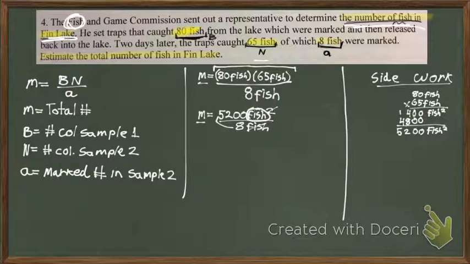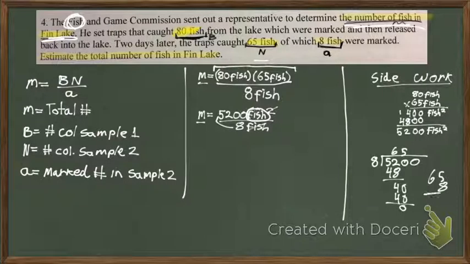And finally, let's execute the division. 8 goes into 52, 6 times, 6 times 8 is 48, remainder of 4. Bring down the 0. 8 goes into 40, 5 times, 5 times 8 is 40, with a remainder of 0.